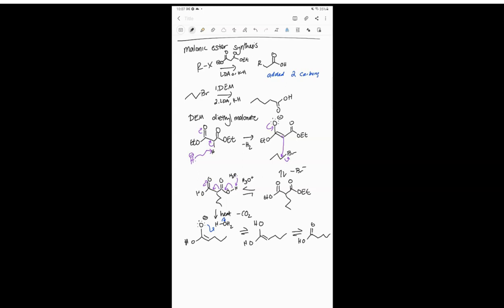We end up now having the alkyl group added to our diethyl malonate, hydrolyze it, and then we're going to decarboxylate. Decarboxylation ends up giving us an enolate. The enolate can grab a proton and then tautomerize to the acid there. So 2 more carbons added. Cool.